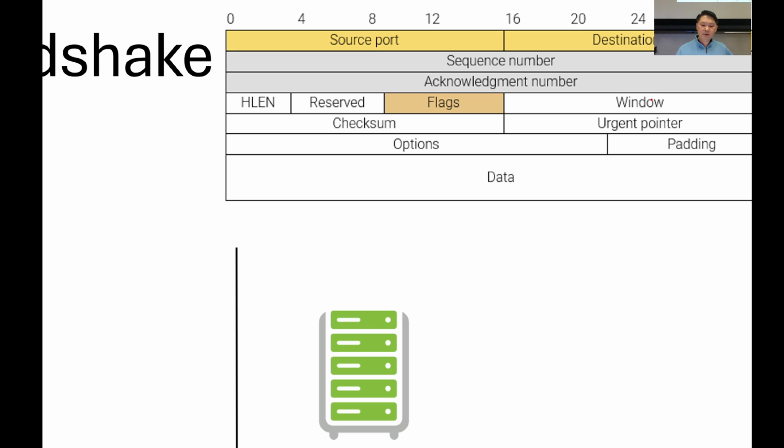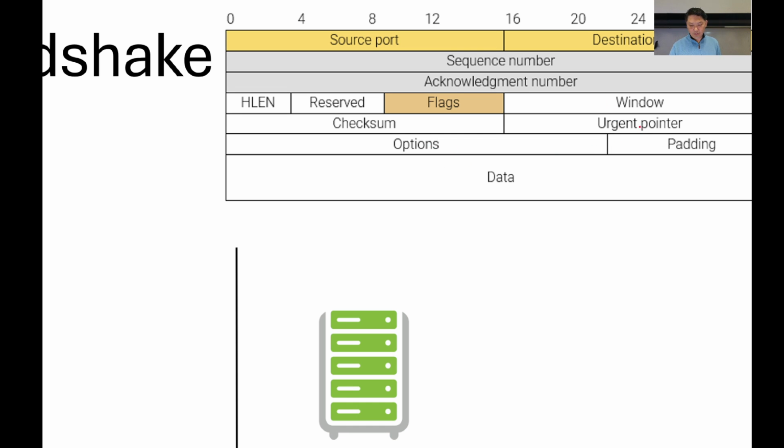Source port and destination port. And sequence number, 32 bits, and ACK number, the header length, and flags, and the window size, how many packets, the possible size of the packet, and checksum for some integrity check of the packet, urgent pointer.